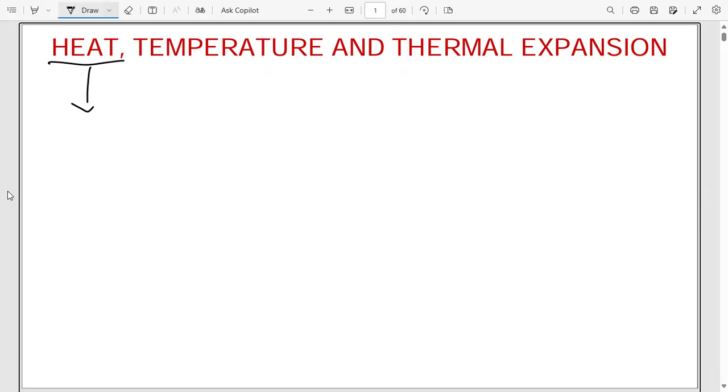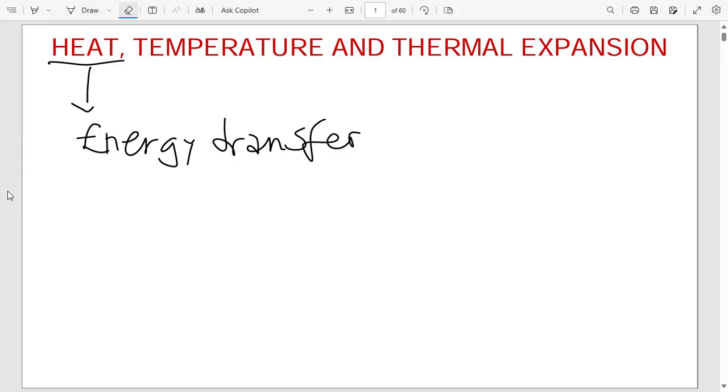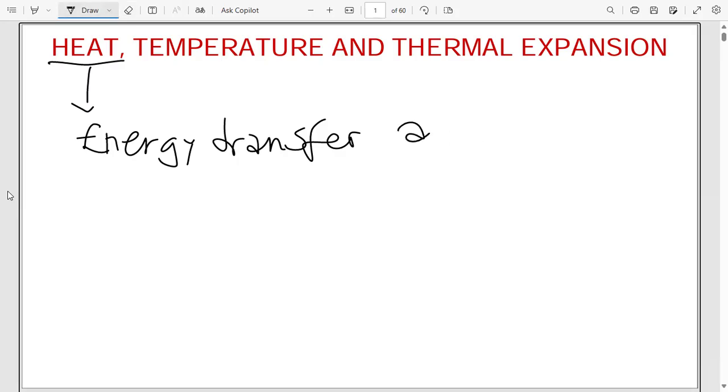When we say heat, this is actually the transfer of energy. Energy transfer across or along a concentration gradient.